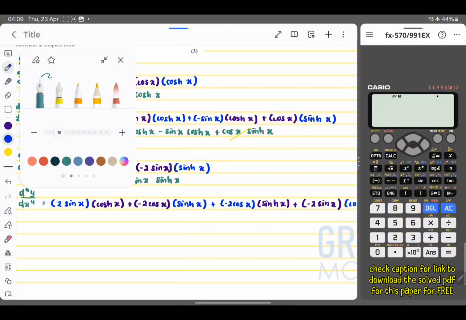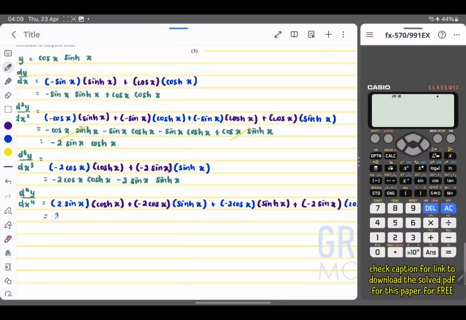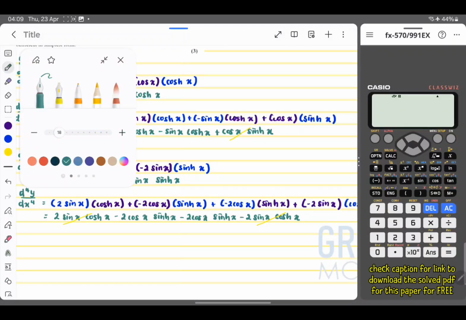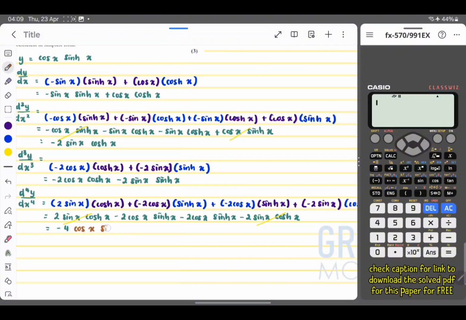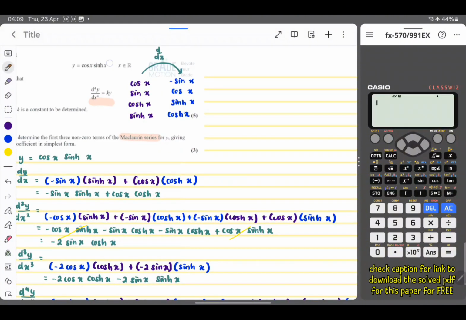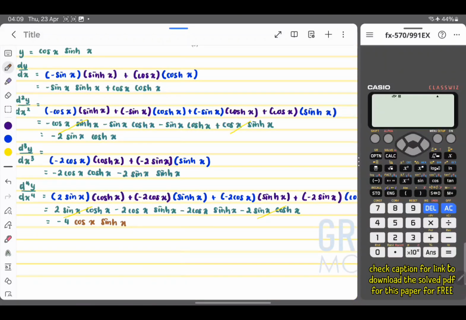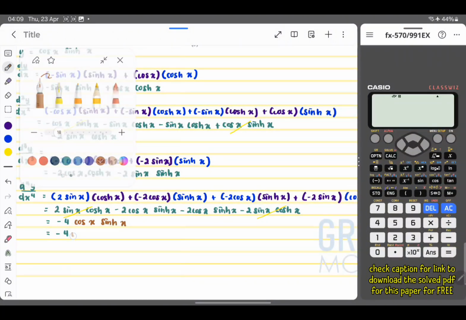Let's simplify this equation. So this would be 2 sin x cos x minus 2 cos x sin x minus 2 cos x sin x minus 2 sin x cos x. This and this will eliminate each other, so we will have negative 4 cos x sin x. And what is cos x sin x? Cos x sin x is equal to y. So our answer is the fourth differentiation is equal to negative 4y.